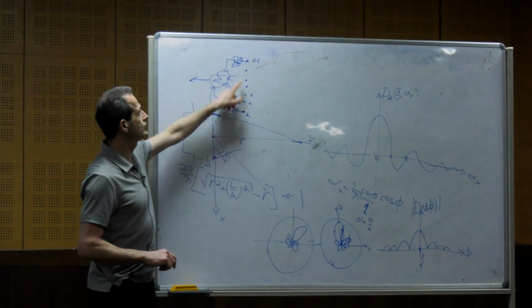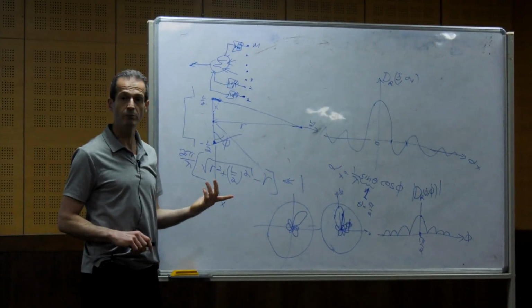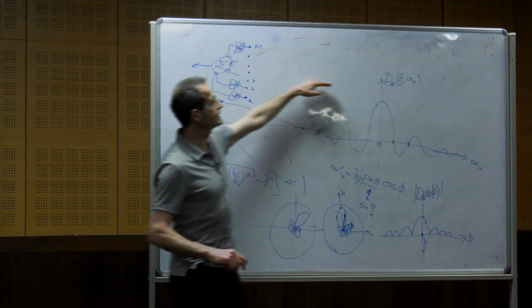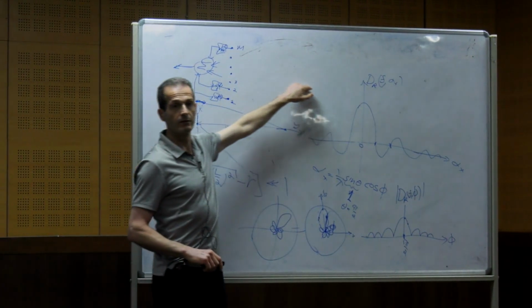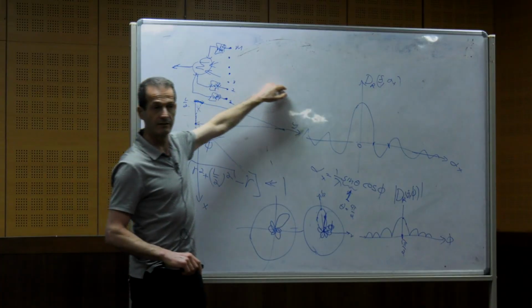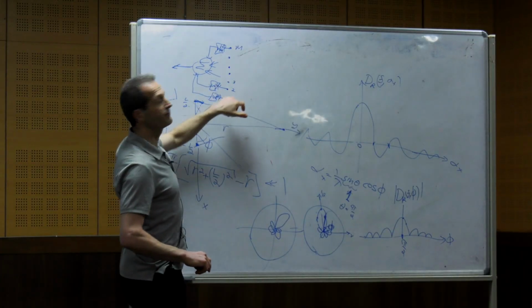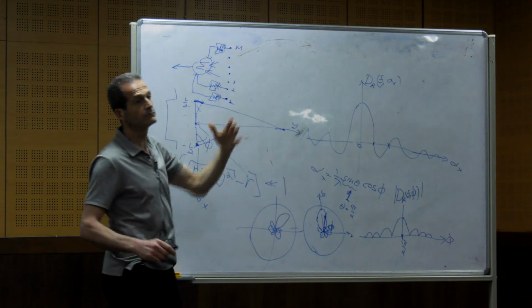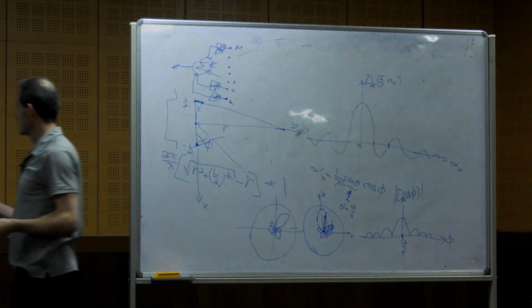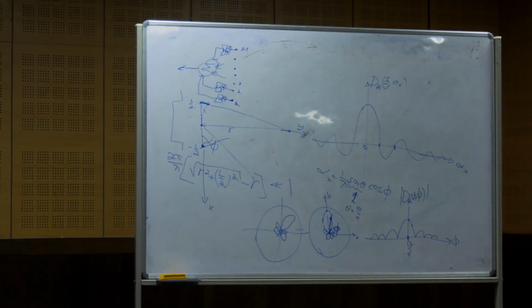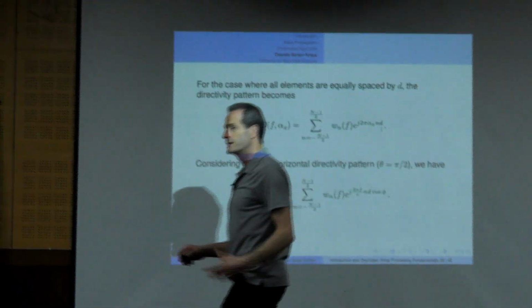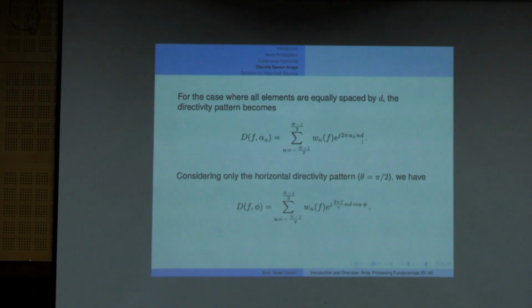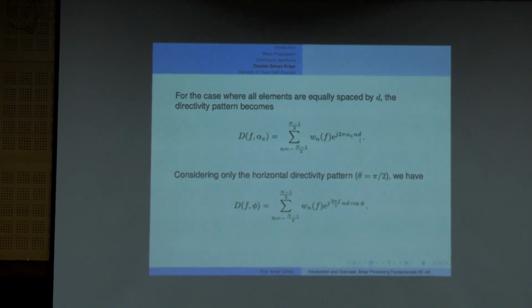If we take the summation, the response will be maximum to a propagating wave that comes from 90 degrees, because here it will come with the same phase. But if it comes from another direction, it will be different. Even with the same weight, we want to see the effect of the number of sensors, the size of the sensor array, and the frequency.